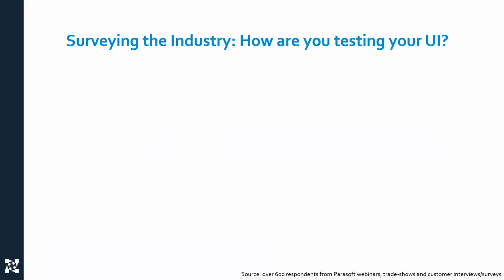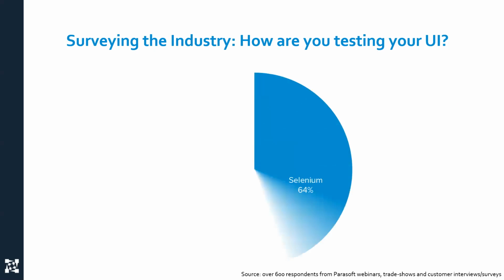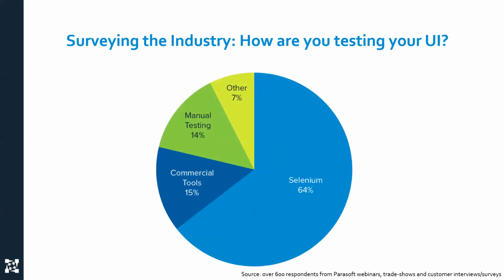Webinars like this will often run surveys, trade shows, client interviews, etc. And when we surveyed the industry about how organizations are testing their web UI, overwhelmingly, the organizations that are testing through the use of automation are leveraging Selenium. Interestingly, you'll also notice here that there's 14% who are not doing any test automation today.